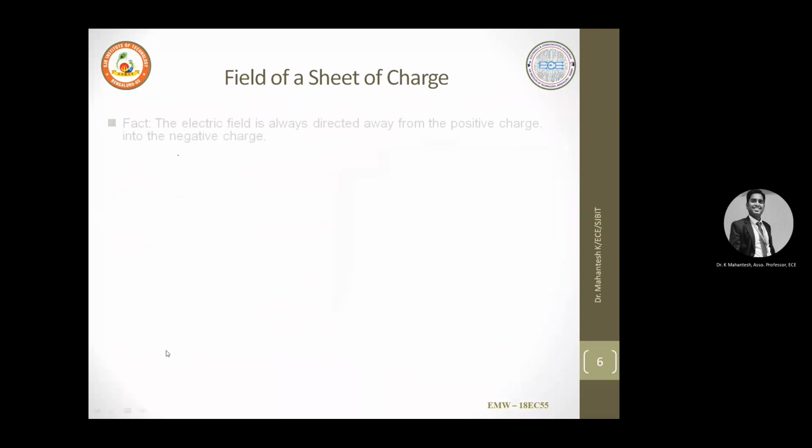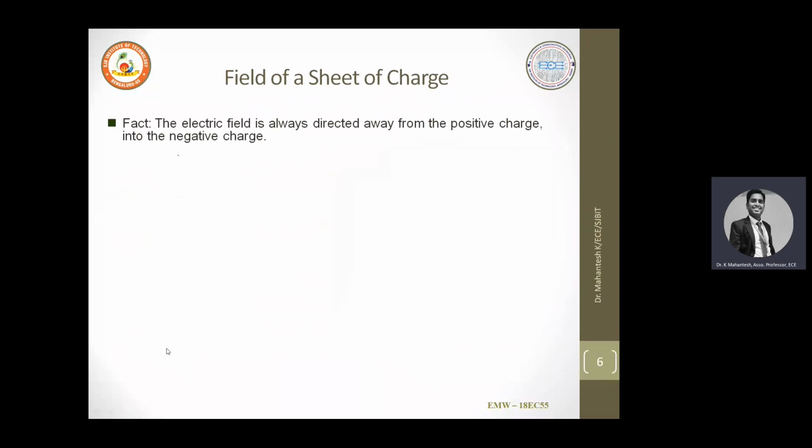Fact: the electric field is always directed away from the positive charge and into the negative charge. We now introduce a unit vector an which is normal to the sheet and directed away from it. Most of the time it is perpendicular.